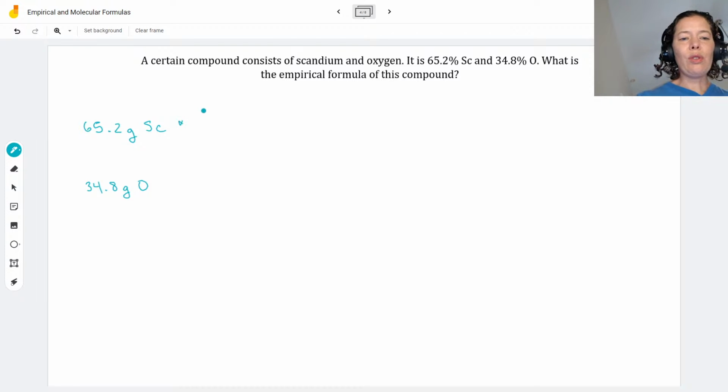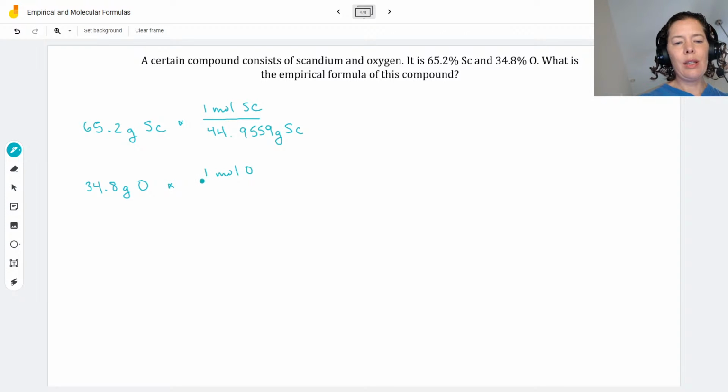So I'm going to use the molar mass of scandium, and that is 44.9559. And of course, for my oxygen, that is going to be about 16.